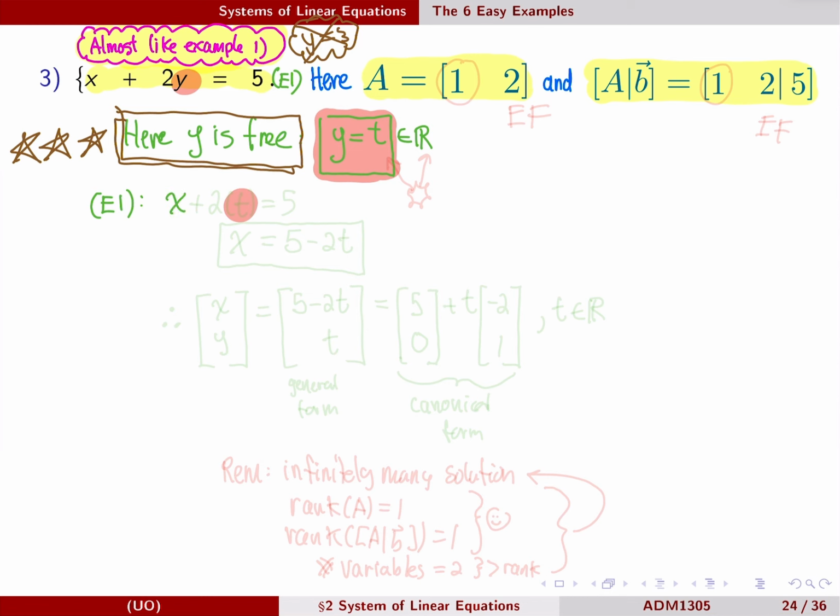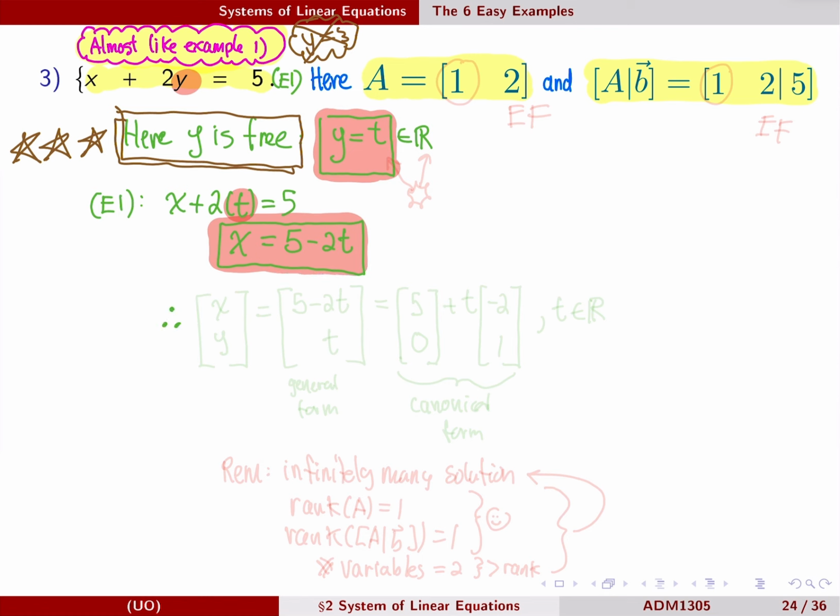So here we have x plus 2t is equal to 5. So x is equal to 5 minus 2t. Once we assign a value of y, for example if y is equal to 0, we can compute the value for x as 5 minus 2 times 0.